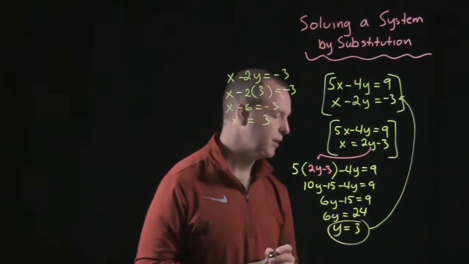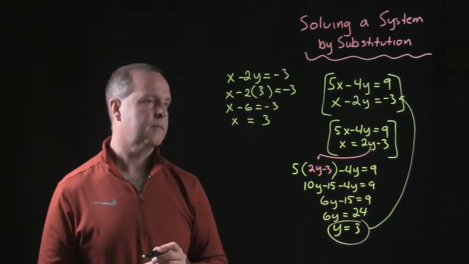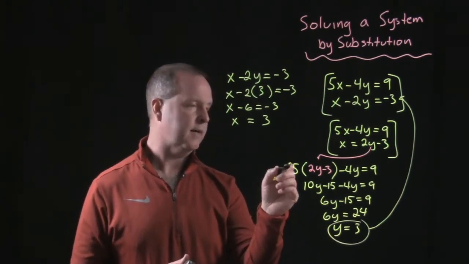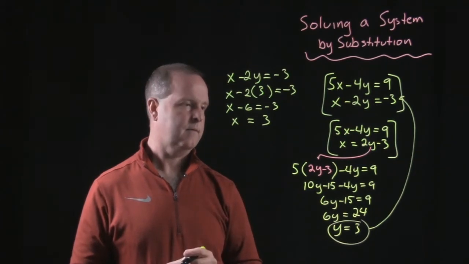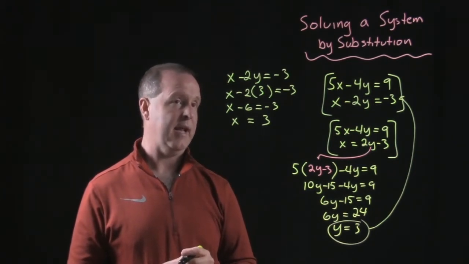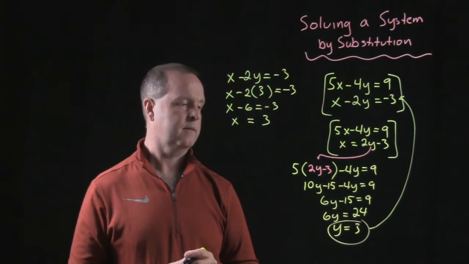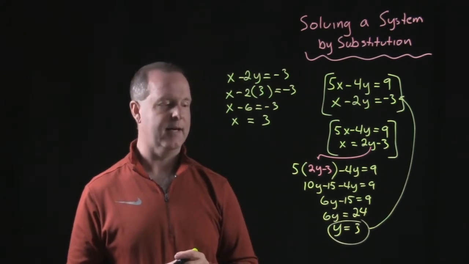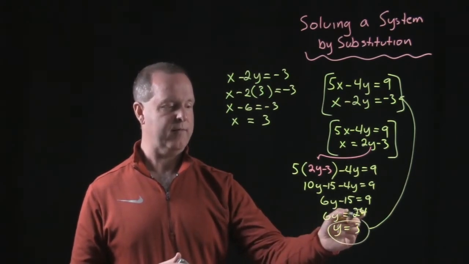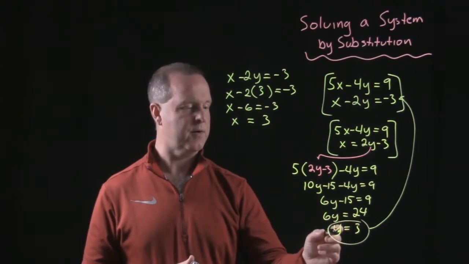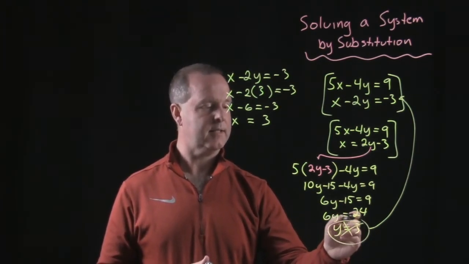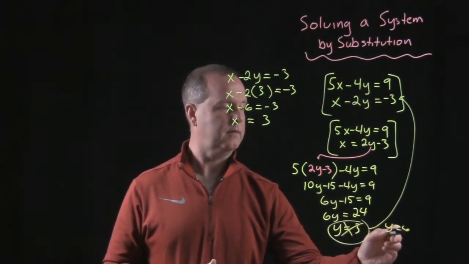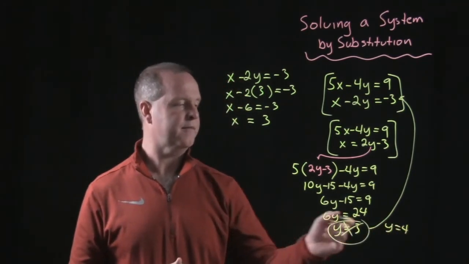So I have a solution for this particular point right here. Both of those threes, did I make a mistake somewhere? They can be. Oh, yeah, duh. 6y equals 24. I got y equals 3. No. Divide both by 6. I get y equals 4. I thought something wasn't quite sitting right with me.